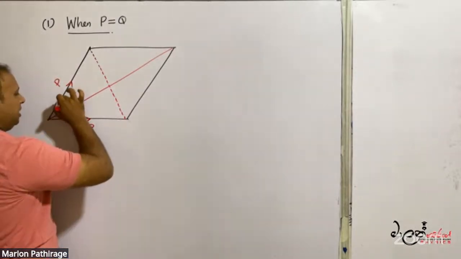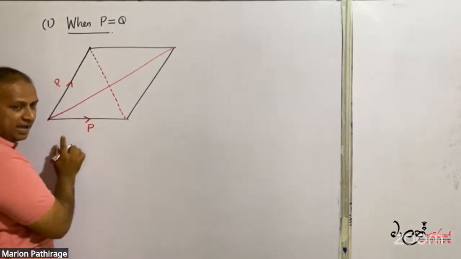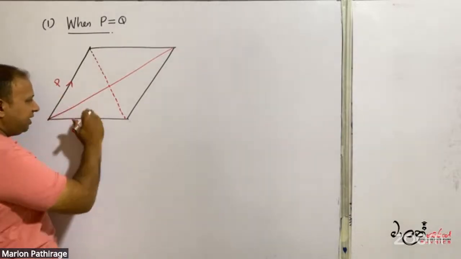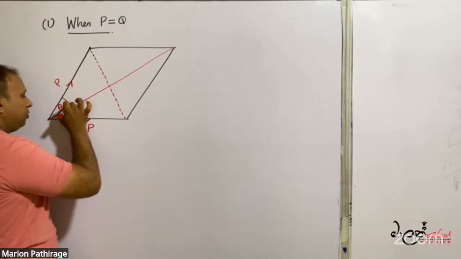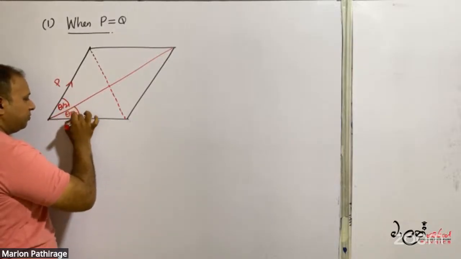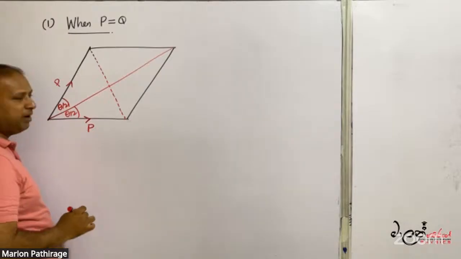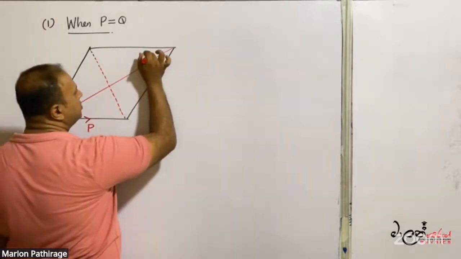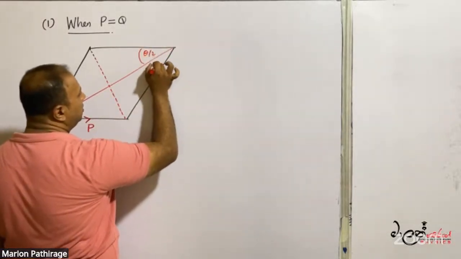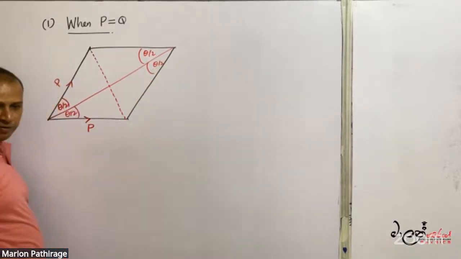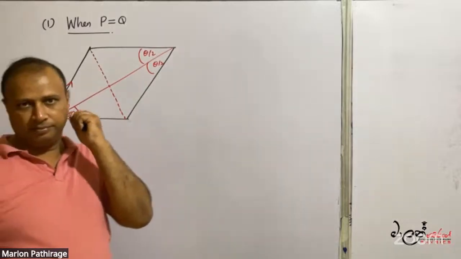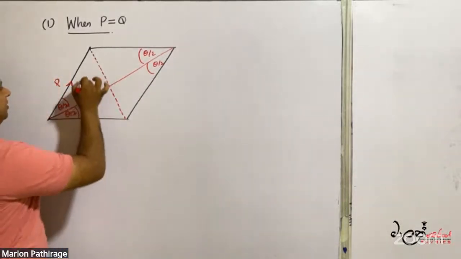That means if the entire angle is theta, then this one should be theta over 2 and this one should be theta over 2. It is bisected fully, and this part also theta over 2, and this one also bisected.